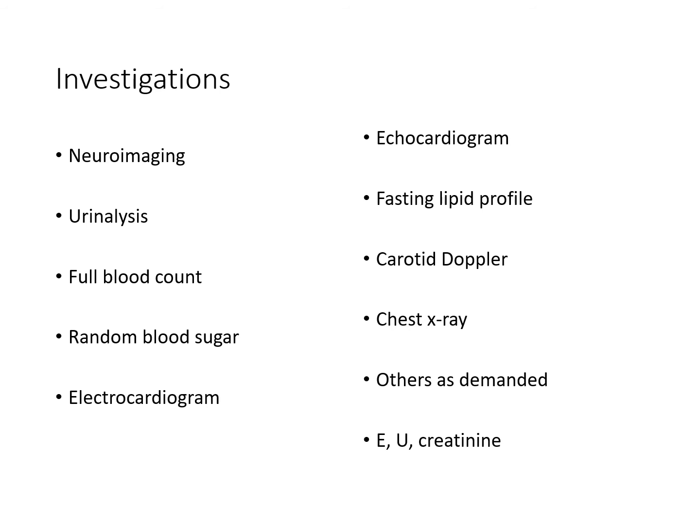Okay, because both strokes have different systems of management. And in ischemic stroke, time is a factor. There's a window period in which you're allowed to use tissue plasminogen activator to dissolve the clot and regain full neurology. So time is of the essence.